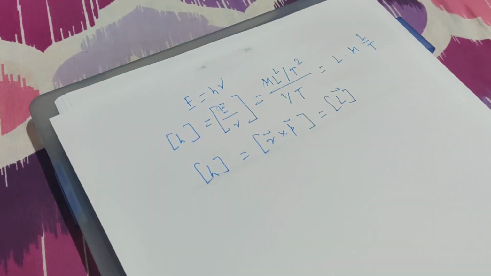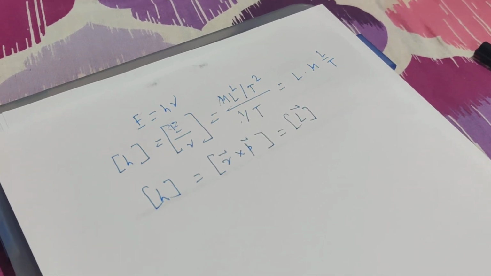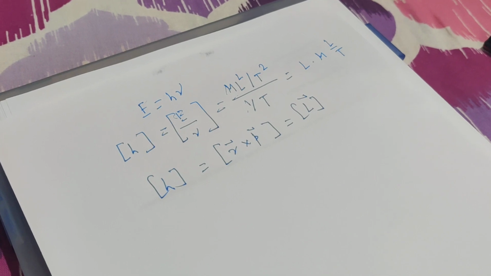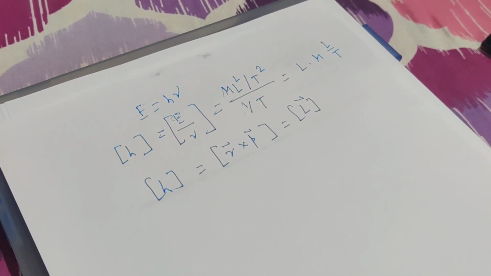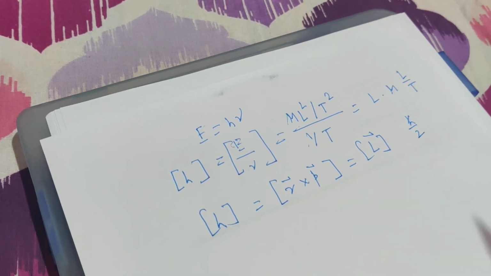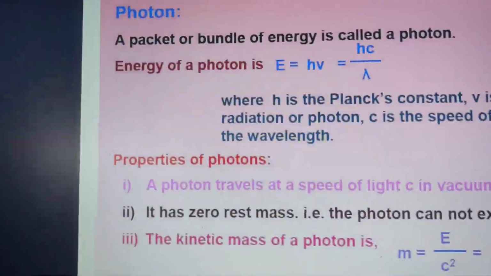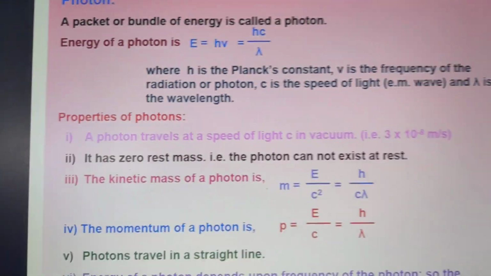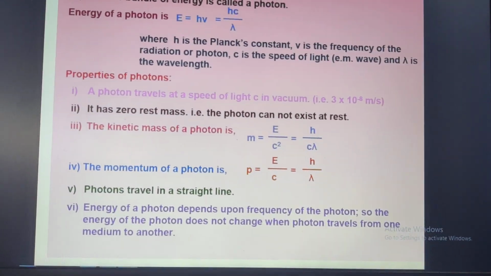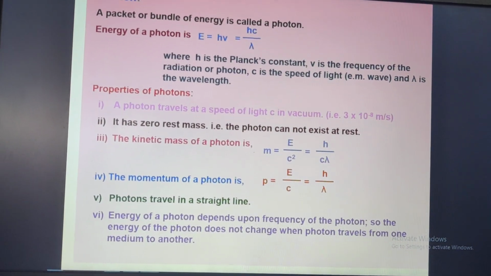Indeed, for a spin 1/2 particle, the magnitude of the spin angular momentum is h-bar by 2. From this calculation we can easily estimate the physical interpretation of Planck's constant.